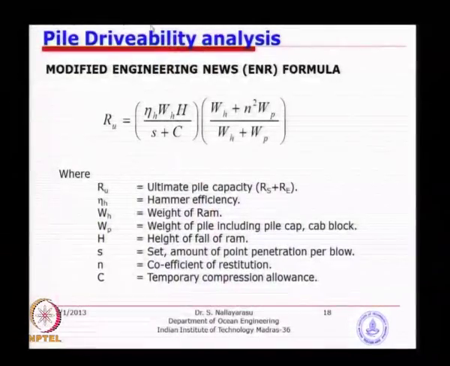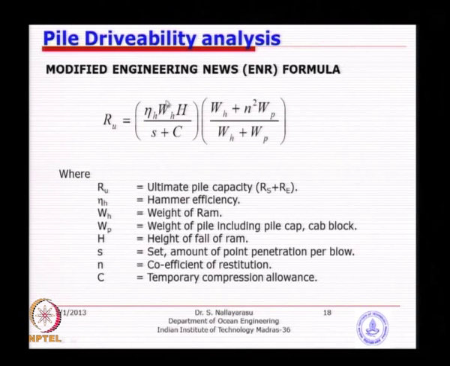So, this engineering news formula became quite famous because of the parameters it considers, taking into account the relative size of the pile and the hammer, the coefficient of restitution of the interface material between pile and hammer, and also the efficiency of the hammer and the parameter S.